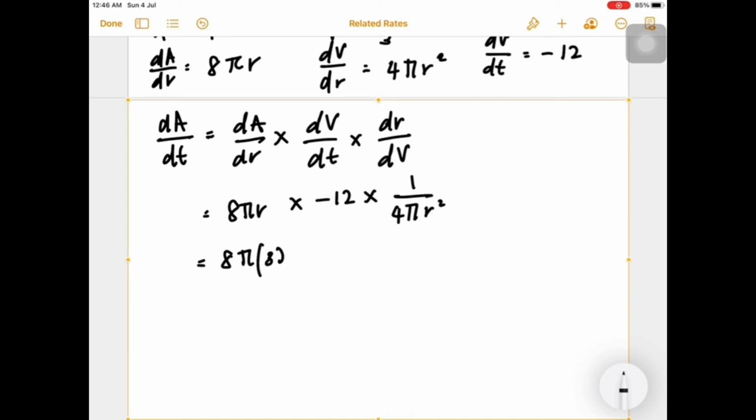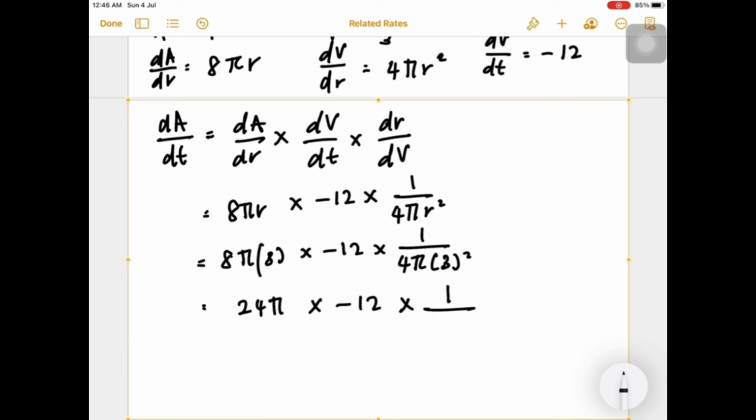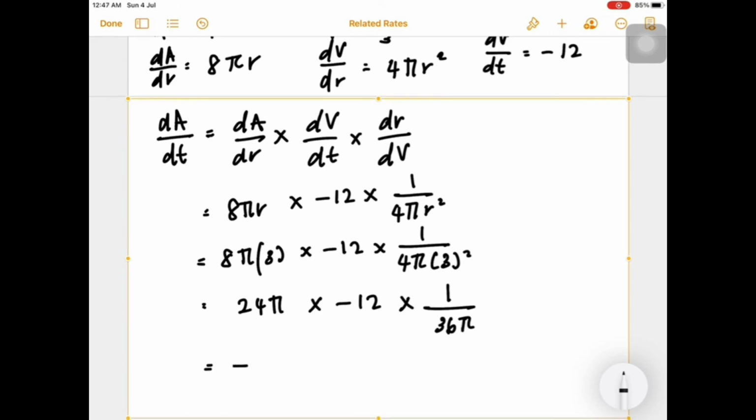The second last step, we need to put the value of r, which is 3. So we can solve the equation. So last we need to calculate the answer. So dA over dt is equal to negative 8.